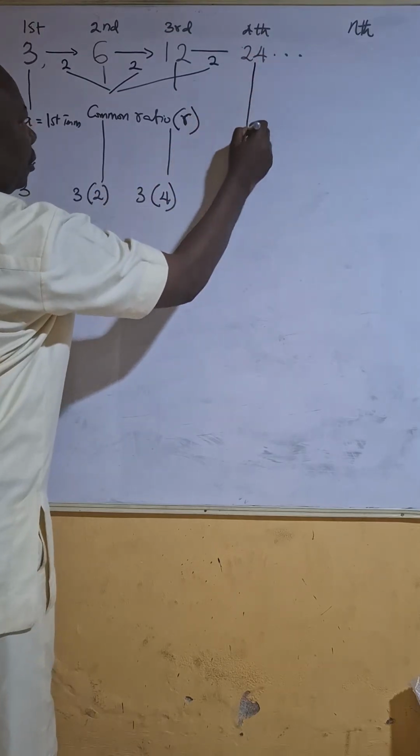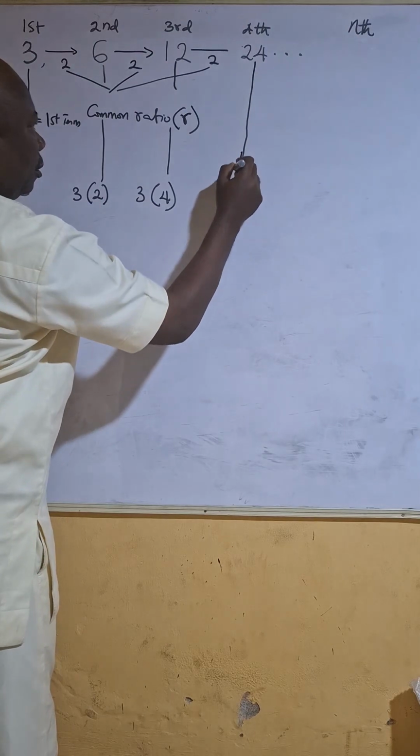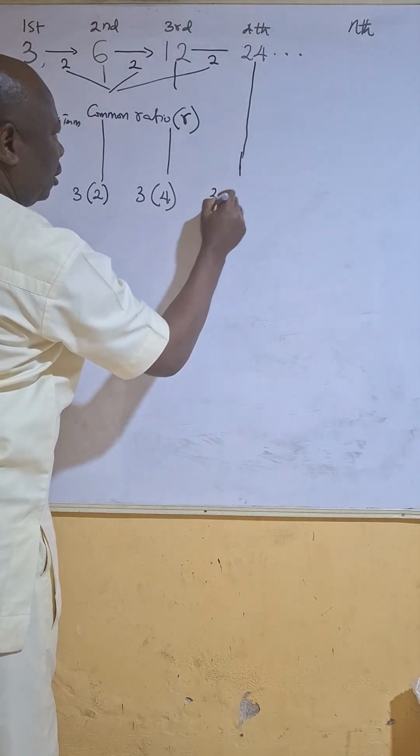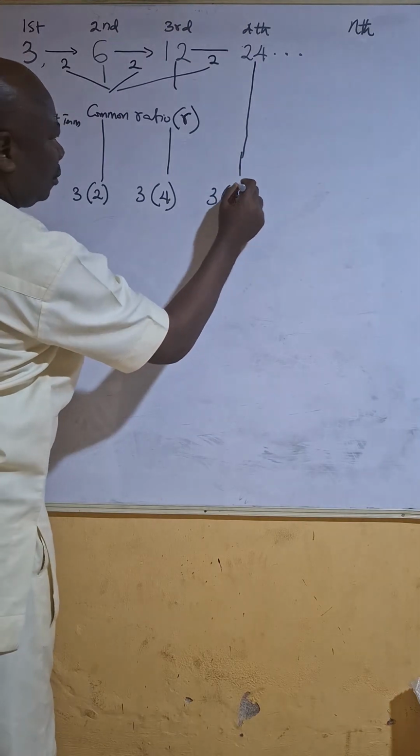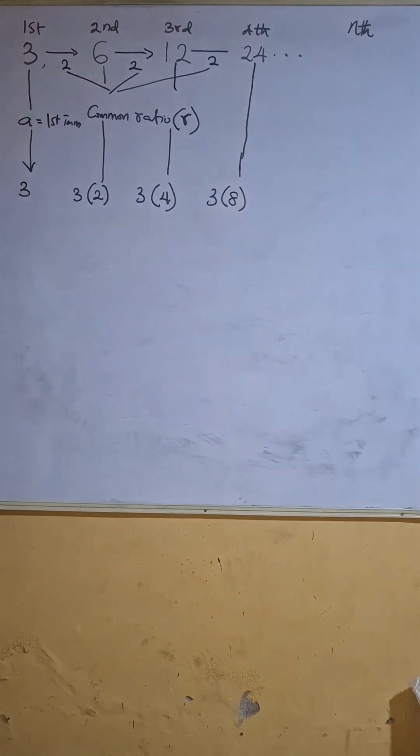This one is 3 multiplied by 8. Okay? Now, the first term has no common ratio used to multiply it, so it remains 1.